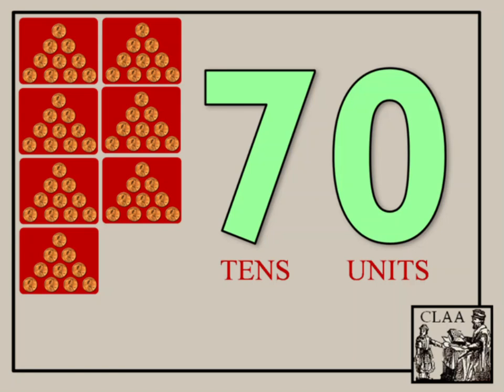You can see the number 70 is written with 7 in the tens place because there are 7 sets of 10, and 0 in the units place because there are 0 units left over. 7 tens and 0 units is 70.